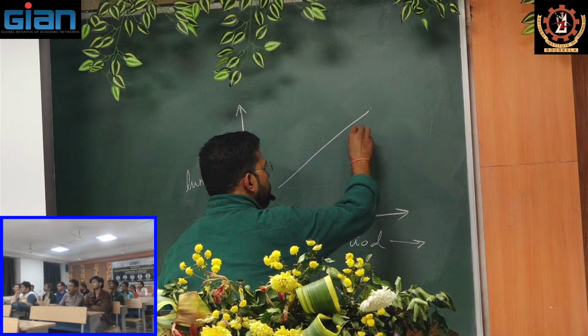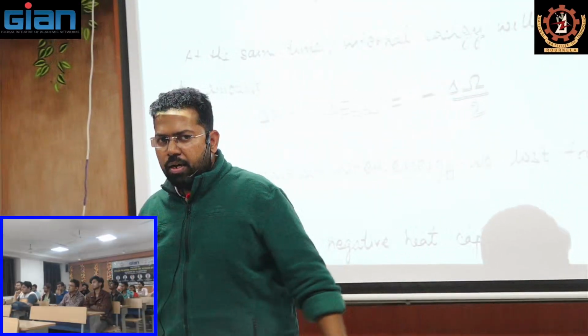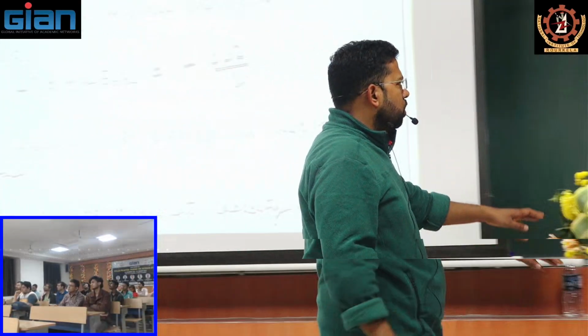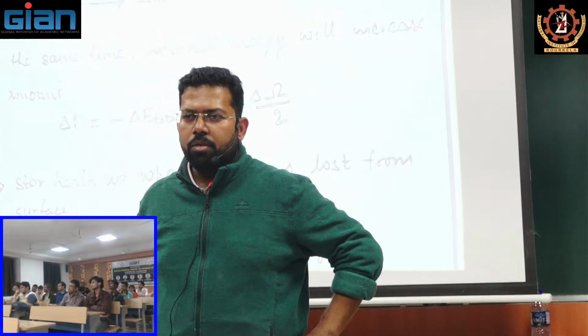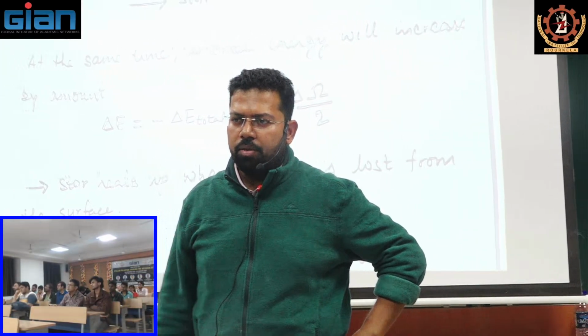I'm just telling you how it is used. So the higher the period, the more luminous the star. That's the period luminosity relation for the classical Cepheids, or typical Cepheid variables.